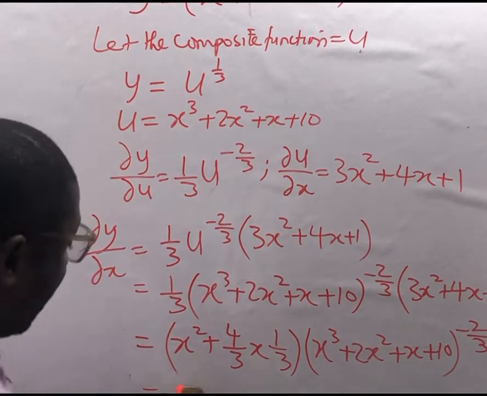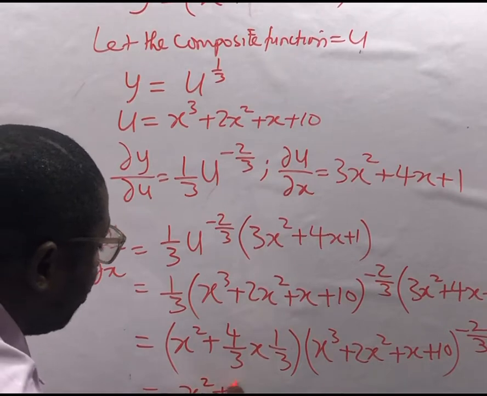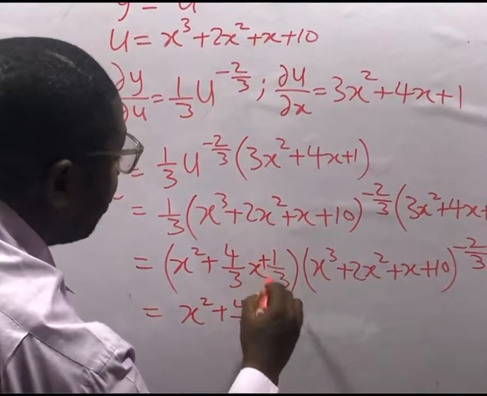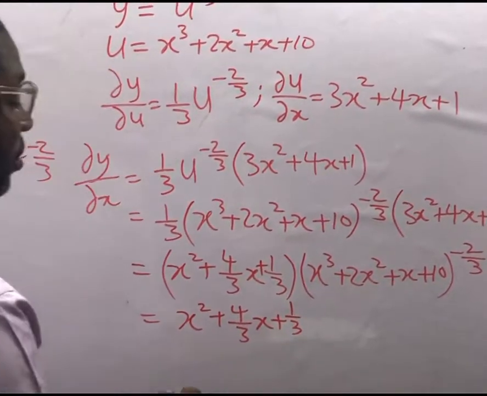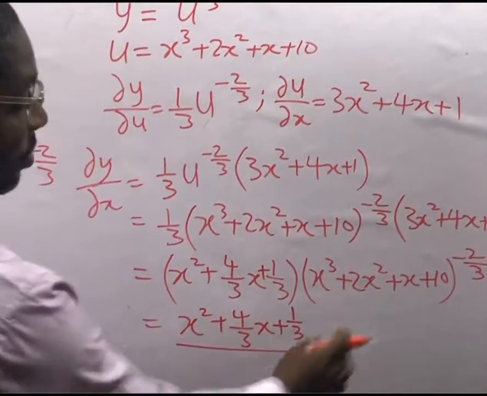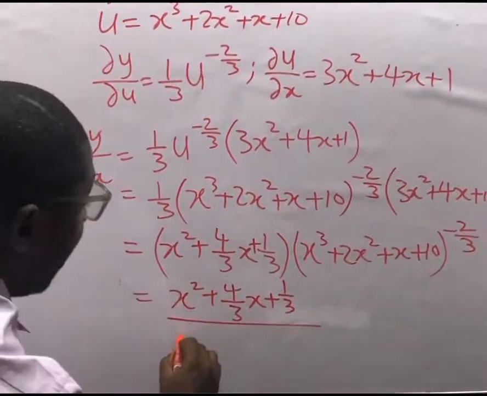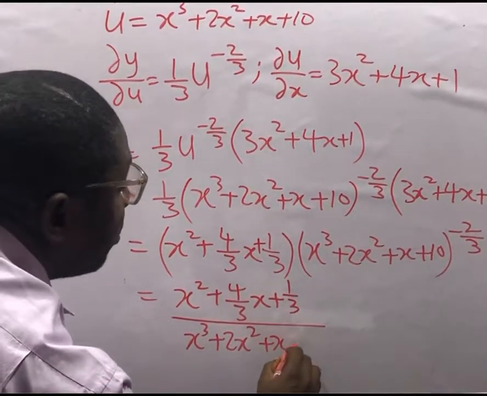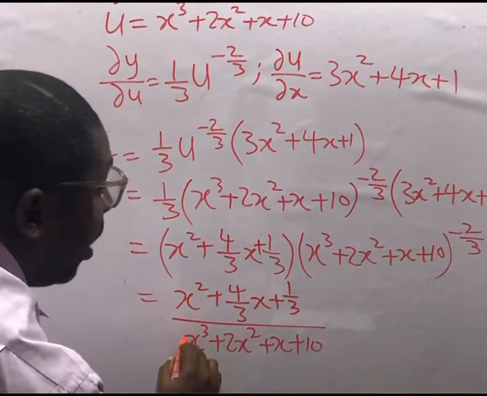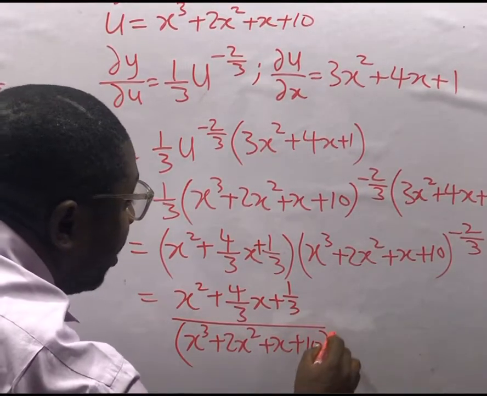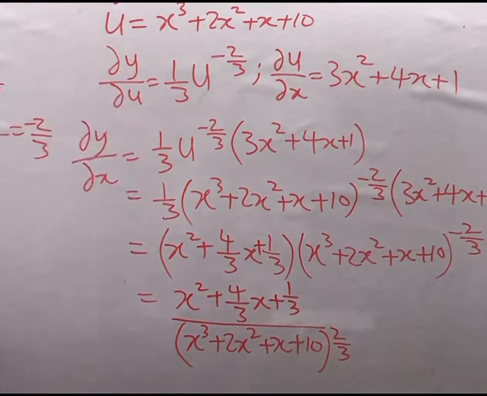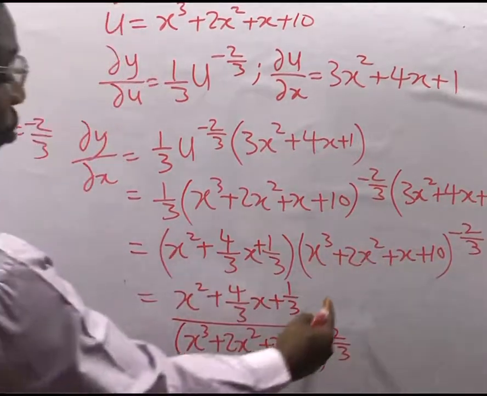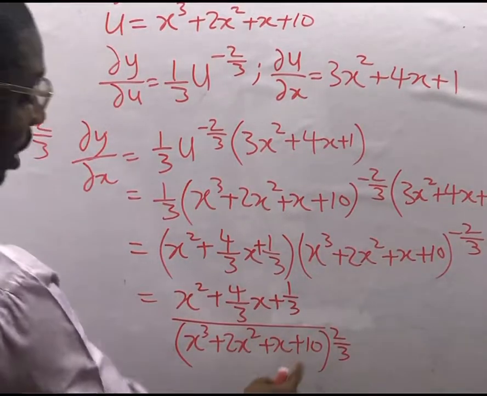We're going to have this as x raised to the power 2 plus 4 all over 3 x plus 1 all over 3, divided by all this, x raised to the power 3 plus 2x raised to the power 2 plus x plus 10, raised to the power 2 all over 3. So all this now will go under because it's 1 all over all this, raised to the power.